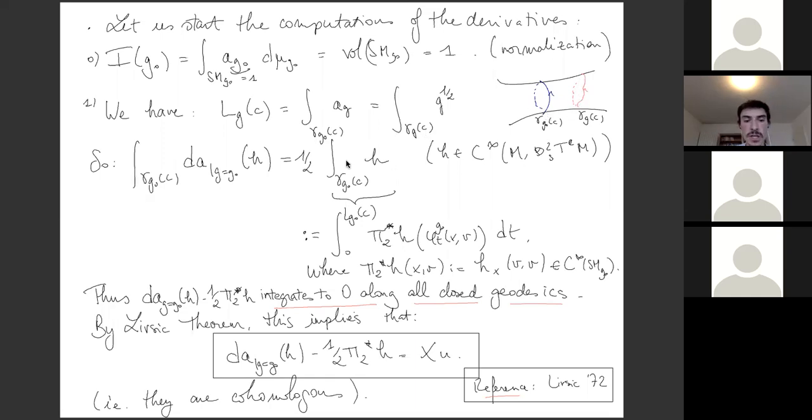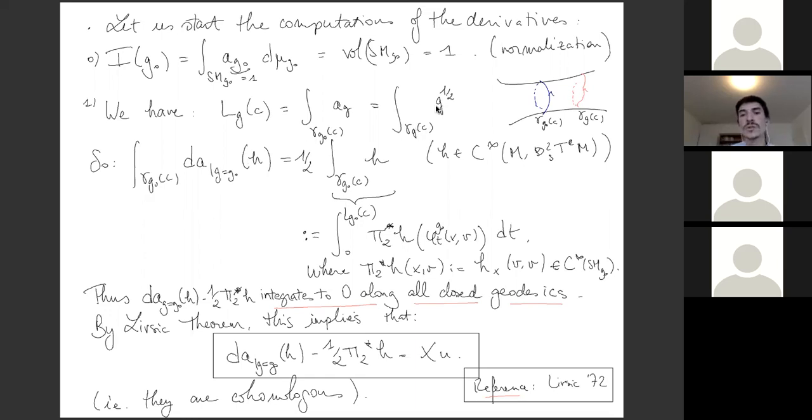Now, if I differentiate with respect to the metric and evaluate at the point G equal to G0, I have two different expressions for this differential. On the left-hand side, I have nothing but this expression: the integral of the differential of A at the point G0 in the direction H. So H here is a symmetric 2-tensor. And then on the right-hand side I have the derivative of this. Now, this is an integral which depends on the curve, and the curve depends itself on the metric.